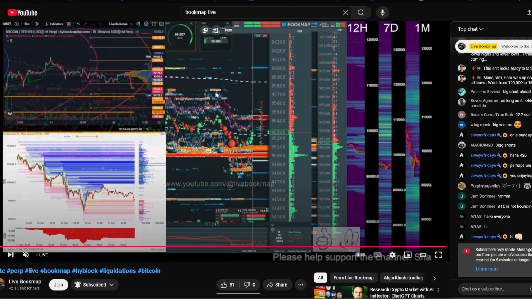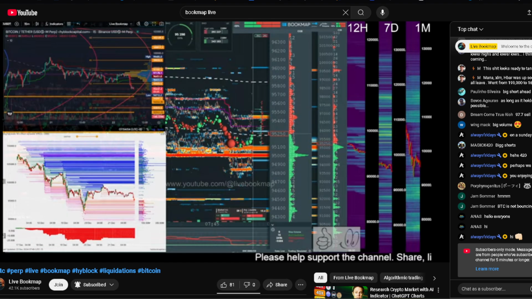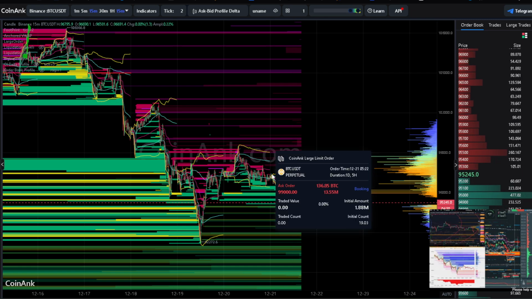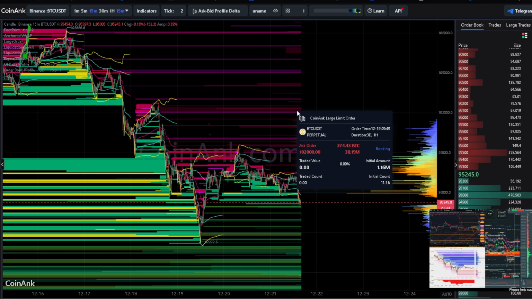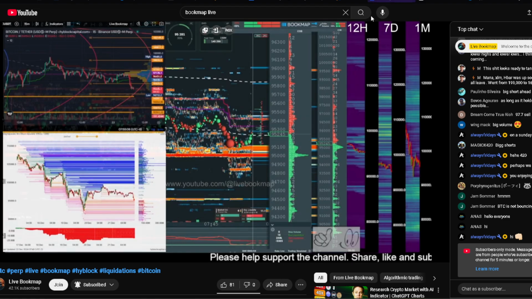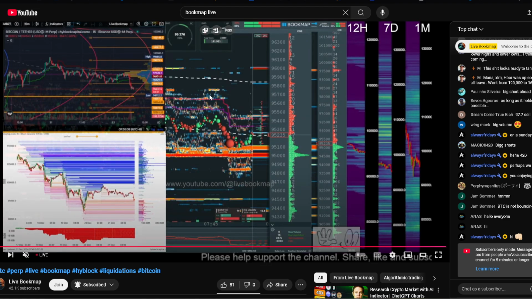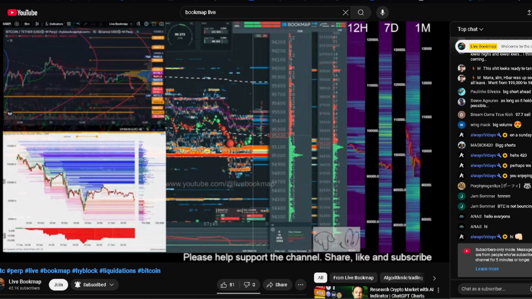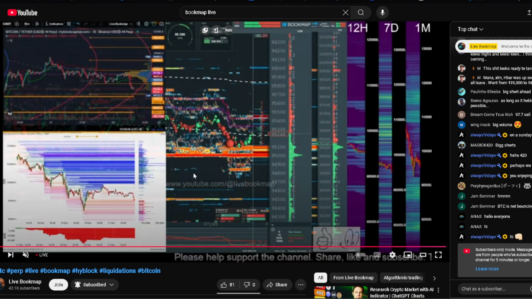So you could have been right here at this price point, looking on CoinAnk, and you would have thought, okay, let's come to this order. The order disappears, and you don't see it anymore here. But if you come over here, you could see that it disappeared. So it's kind of hard to get an idea of what has disappeared on CoinAnk, but you can see on Bookmap.